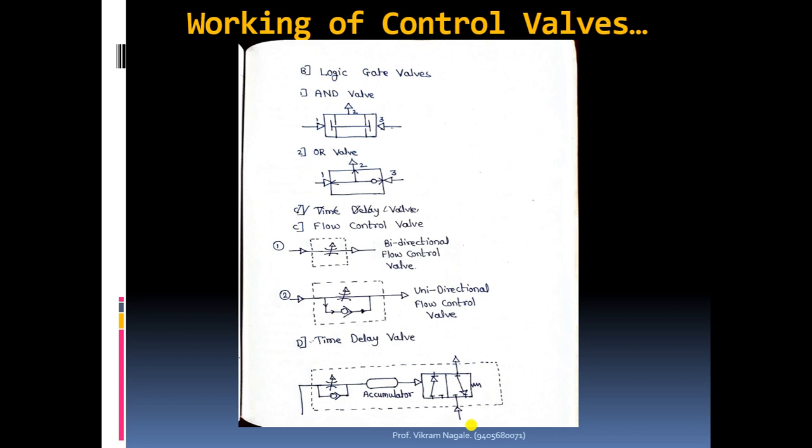So depending upon our requirement, we can vary the cross section for the linings for the airflow in the unidirectional flow control valve, and according to that the time will vary. The time required to fill the accumulator will vary, and one will get the delay in the process.